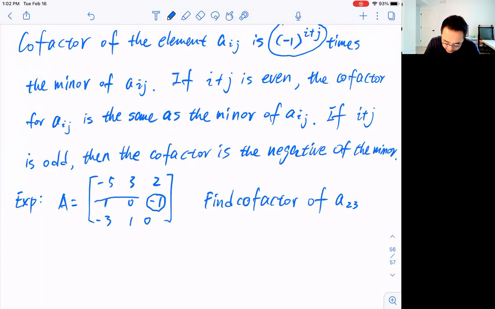So we eliminate the second row and the third column, and then we call what's remaining matrix B. Then you have -5, 3, -3, and 1.